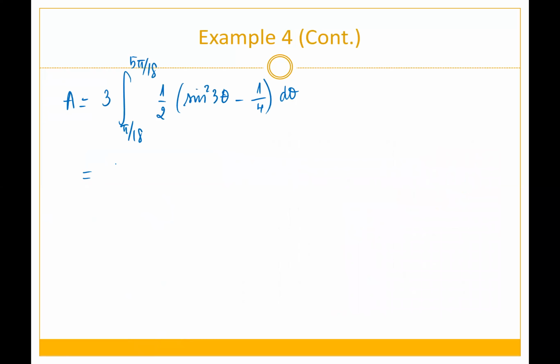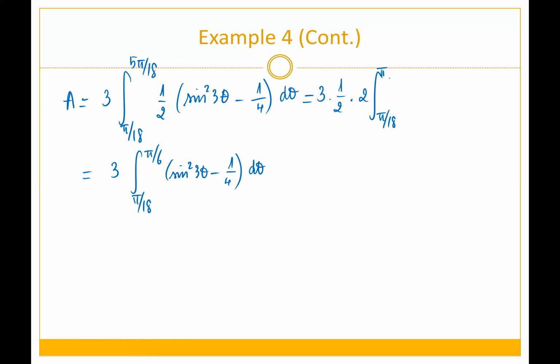Therefore, we can even go further, and put it as the integral from pi over 18 to pi over 6 of sine squared 3 theta minus 1/4. The 1/2 disappears because now I replace it with the doubling from symmetry. I'll write out a step: half, multiplied from pi over 18 to pi over 6 of sine squared 3 theta minus half, d theta.